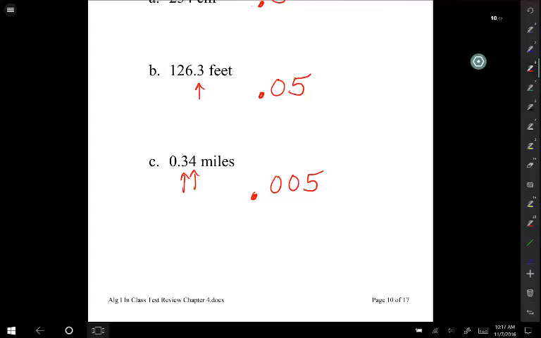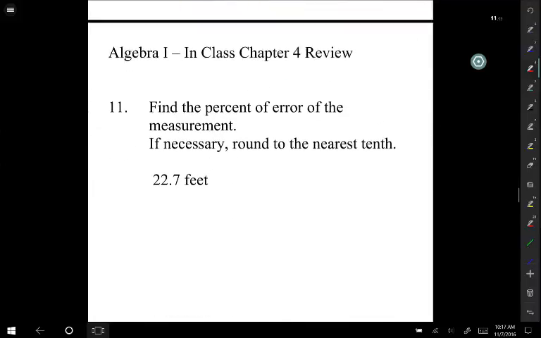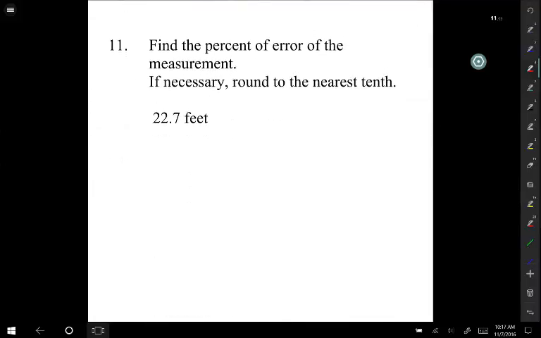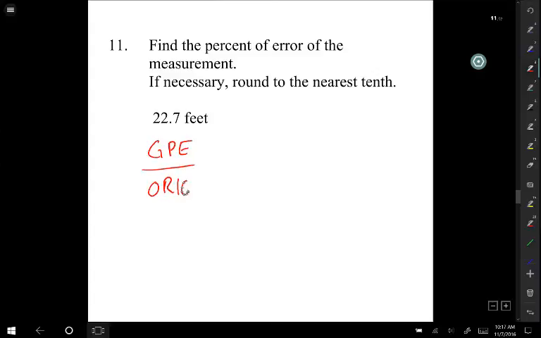We're good? Okay. And the last question says find the percent of error. Well, that means we have the formula GPE over original equals P over 100. Who can tell me the GPE for 22.7? How much? 0.05.